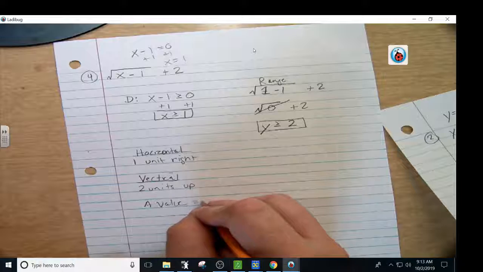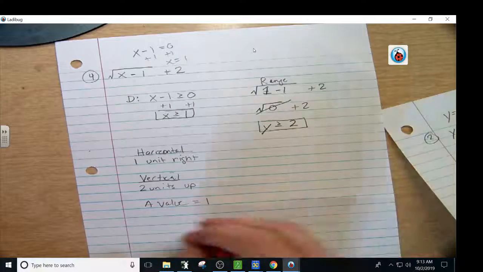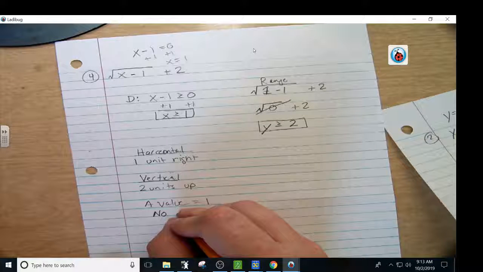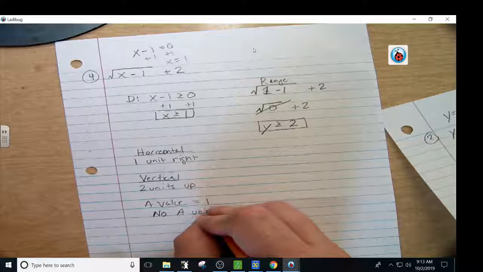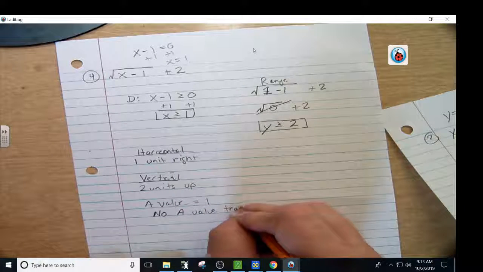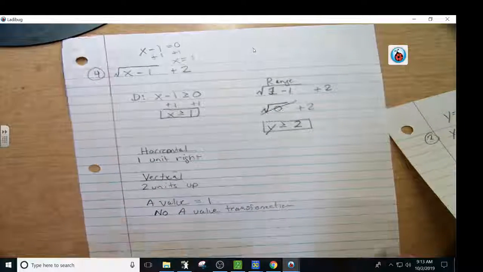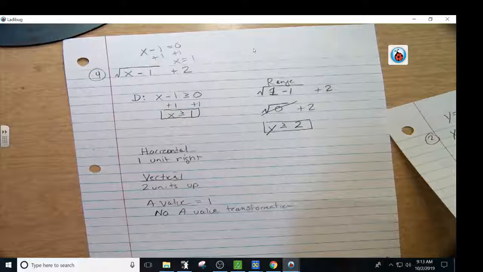The A value is just 1, right? If the A value is 1, there's no A value transformation.